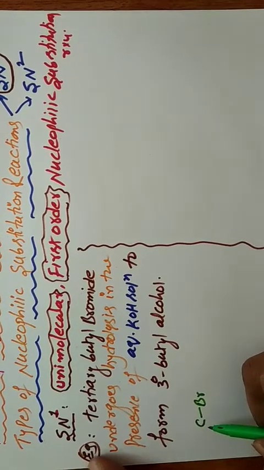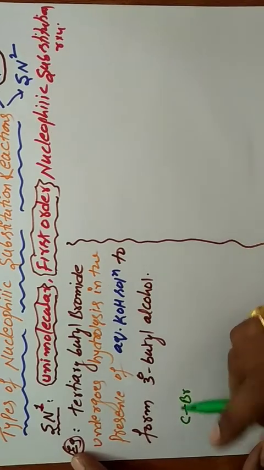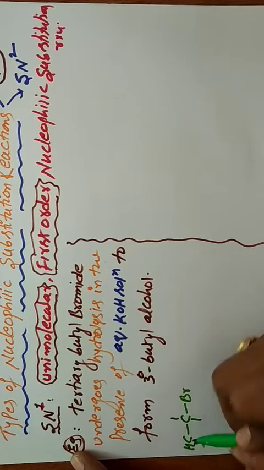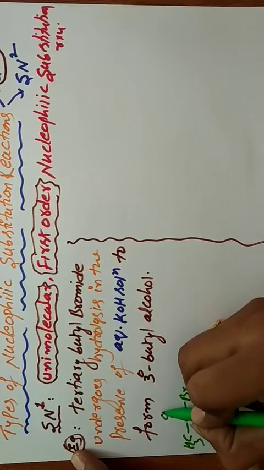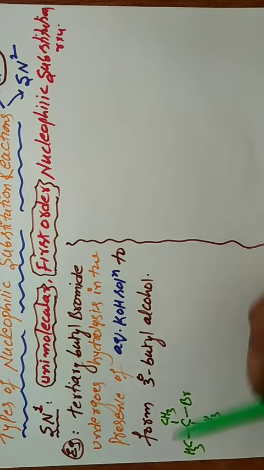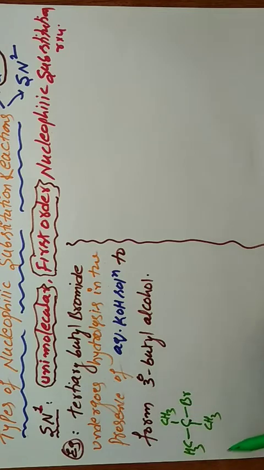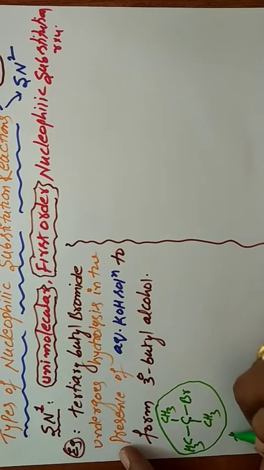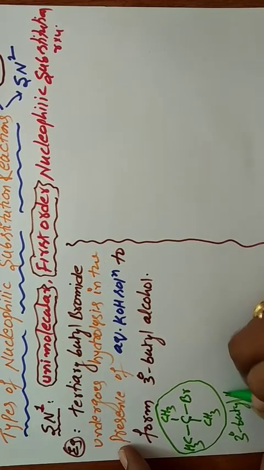This carbon is tertiary, attached to 3 other carbon atoms, CH3, CH3, CH3. And butyl means how many carbons? 4 carbons completed. Tertiary means the halogen attached carbon is bonded with 3 other alkyl groups. That's why this is the tertiary carbon. This is tertiary butyl bromide.